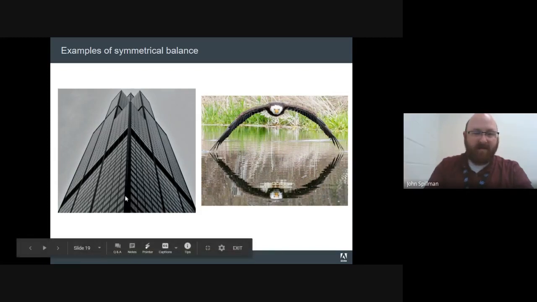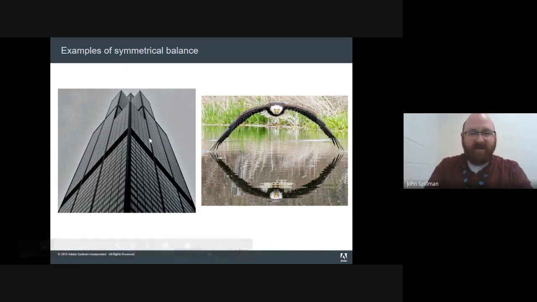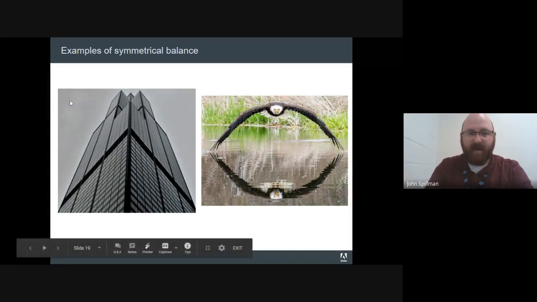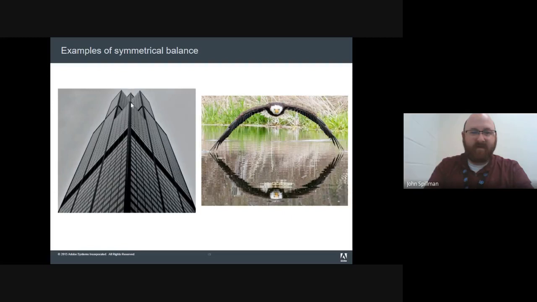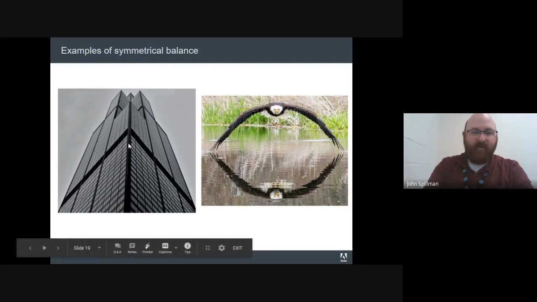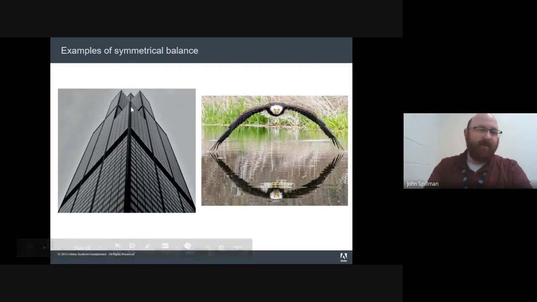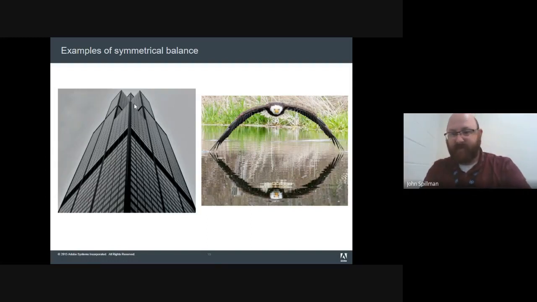That's vertical balance. I would say, yeah, right? This side would match that side. So we would say this image has vertical symmetrical balance. If I divide it horizontally, does it match up? No. If I divide it diagonally, no. All right. So because we do have symmetrical balance here, we would say that it has vertical symmetrical balance. Okay.